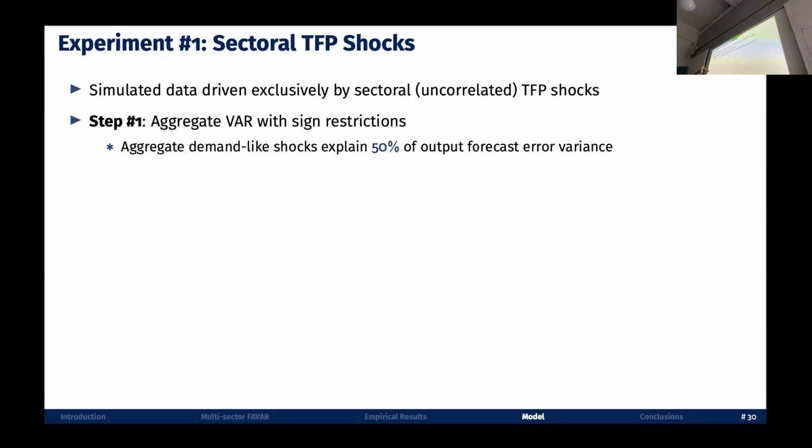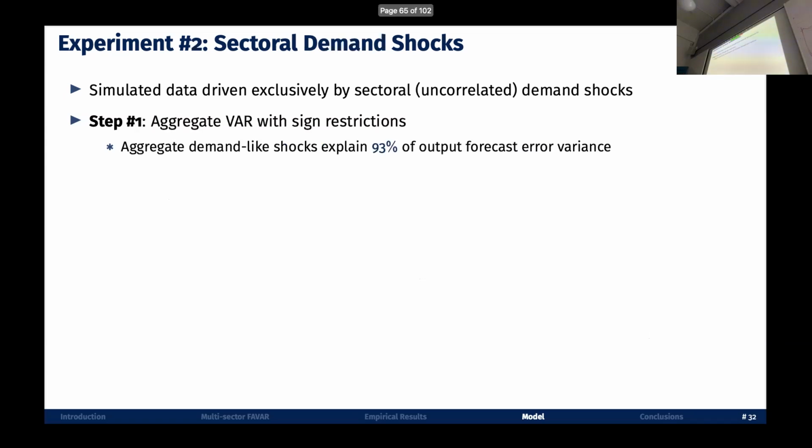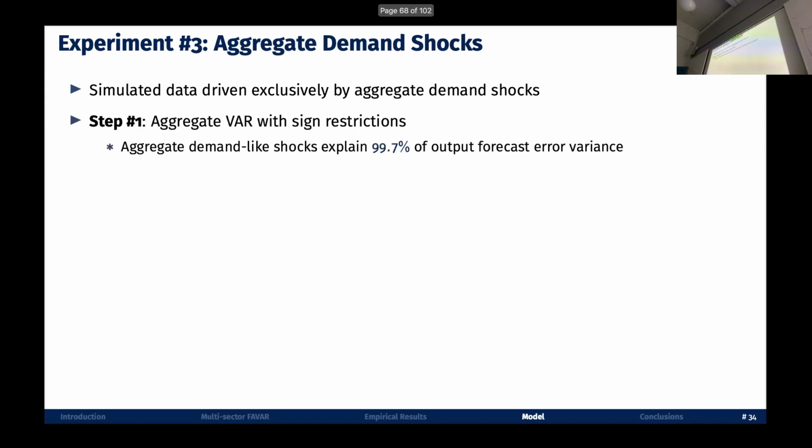Not only that, when I then go to the second step where I estimate the loadings, I get a picture that is very similar to the one that I got in my empirical evidence. While if I simulate the data conditional on truly aggregate demand shocks, those that I just described, the impatient shocks, of course, I'm going to explain all of the variation in output with these shocks, obviously.